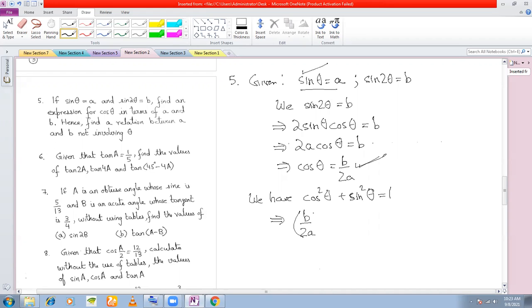Cos theta we have got above as B by 2A. Sine theta is simply A, so sine square theta is A square. And therefore, your required expression, which does not involve theta, is this.